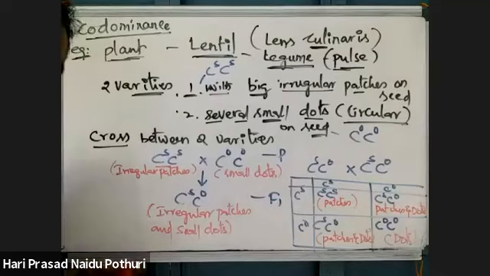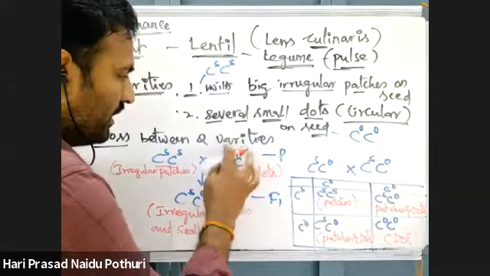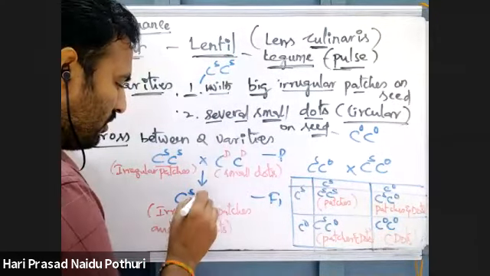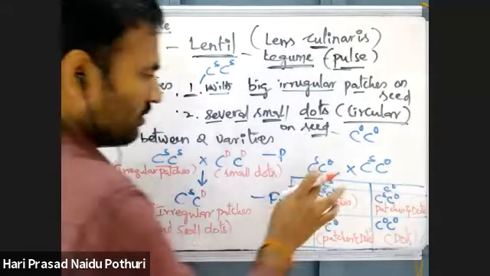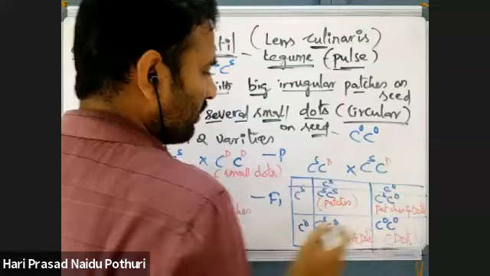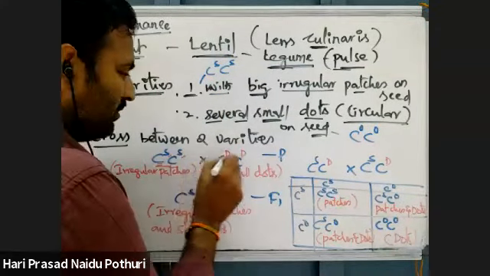Okay, so that you can understand, see here, write it as D, then you can easily understand. I wrote O, not 0. If you write D, then you can understand. C, seed. S means spotted, D means dotted.